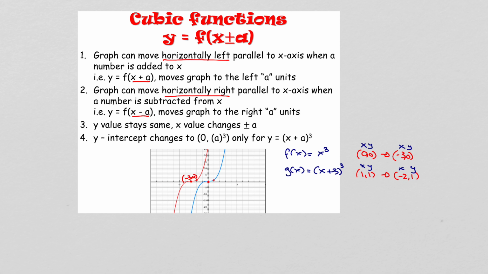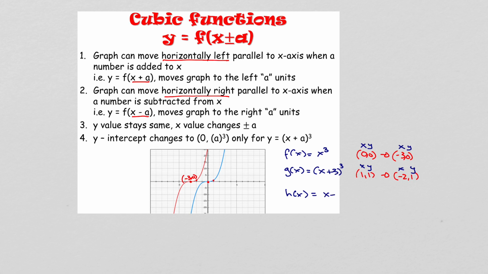If I was to shift the graph to the right, well then we would be adding units to every coordinate on the graph, but the function would be written as, let's call it h of x, and say h of x would be f of x minus 4, say.